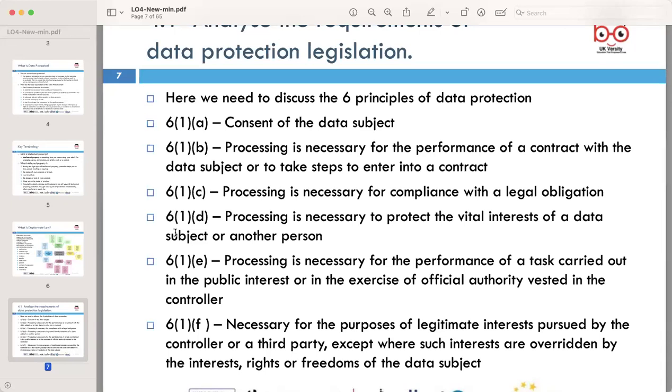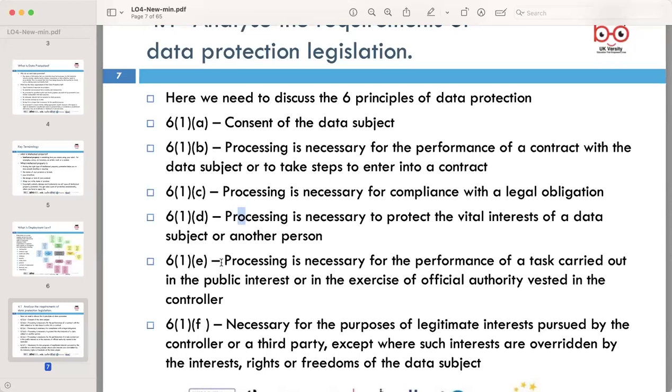Then a legal obligation. Processing is justified if it is necessary for compliance with the legal obligation. Then vital interests. Here, vital interest processing is allowed if it is necessary to protect the vital interest of a data subject or another person.